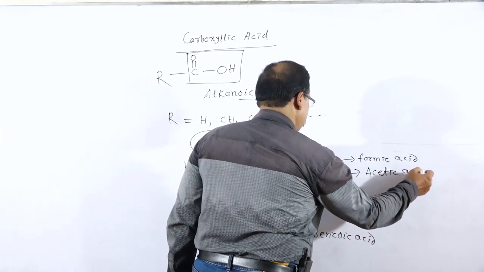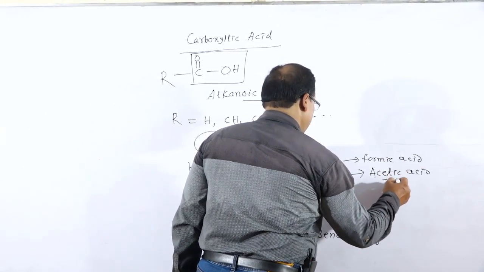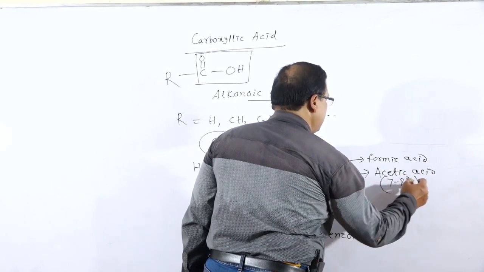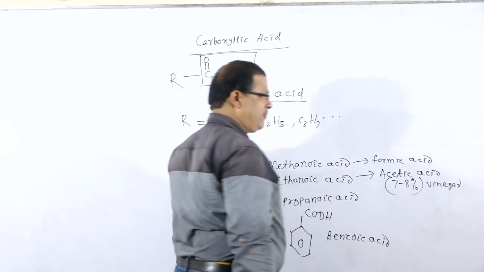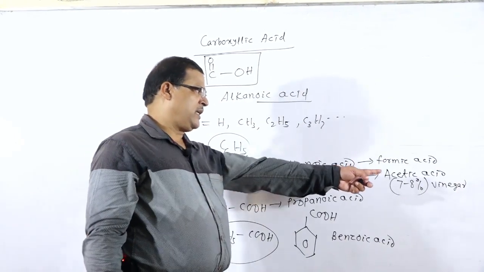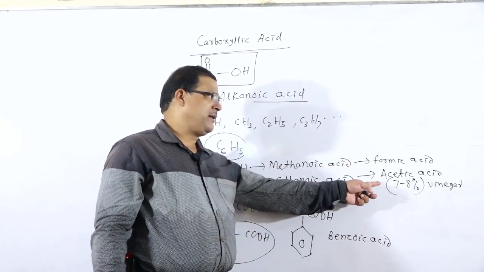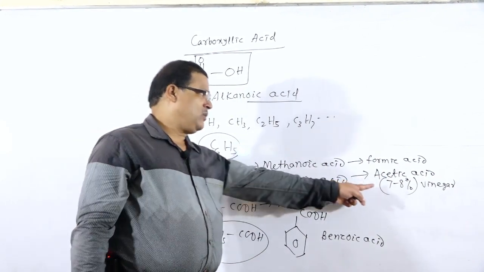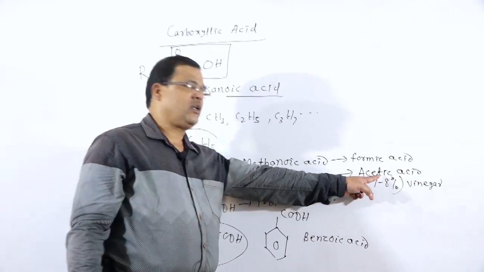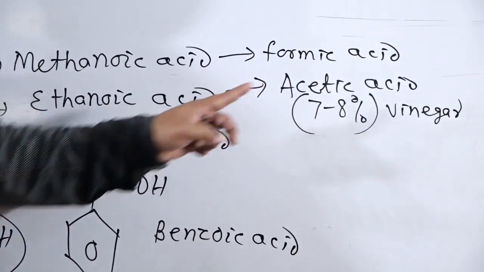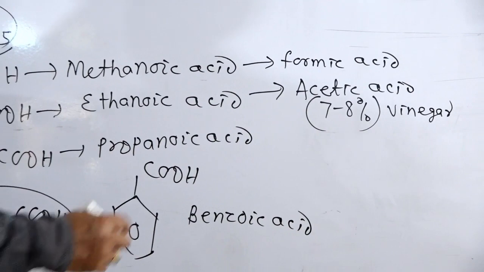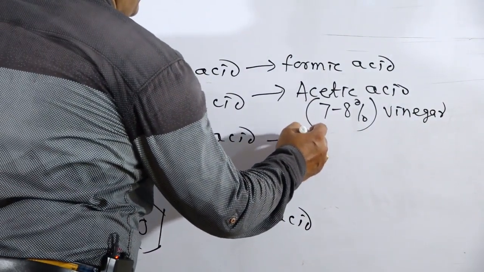A 7 to 8% aqueous solution of acetic acid is known as vinegar, which we take. Then propanoic acid has the common name propionic acid.